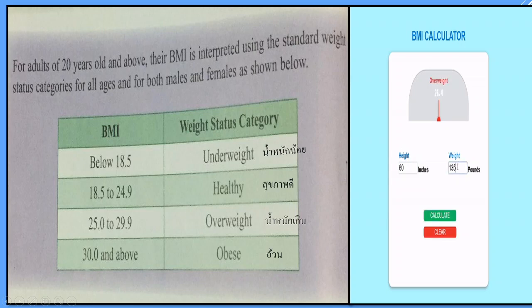A BMI of 25 to 29.9 is overweight. A BMI of 30 and above is obese.